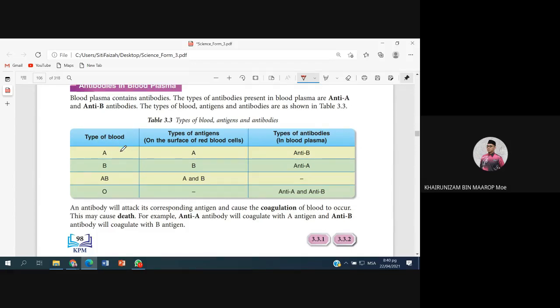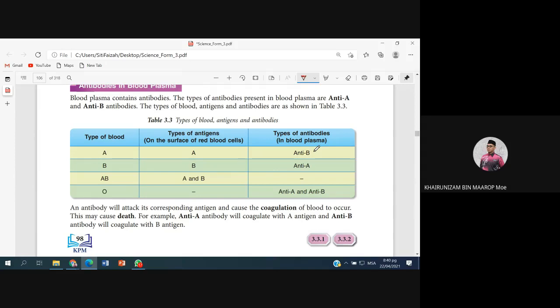The type of blood A, this is group A, has the presence of antigen A, or A antigen. And then in the blood plasma, it has anti-B antibodies.